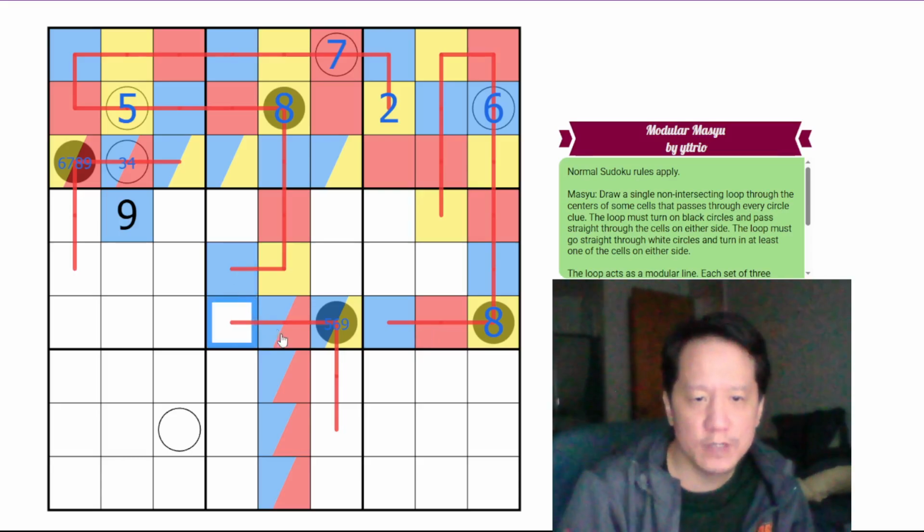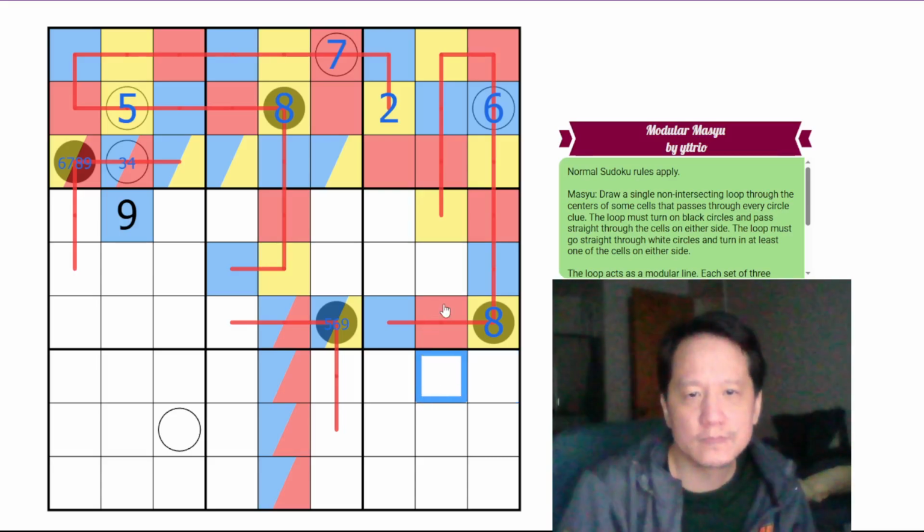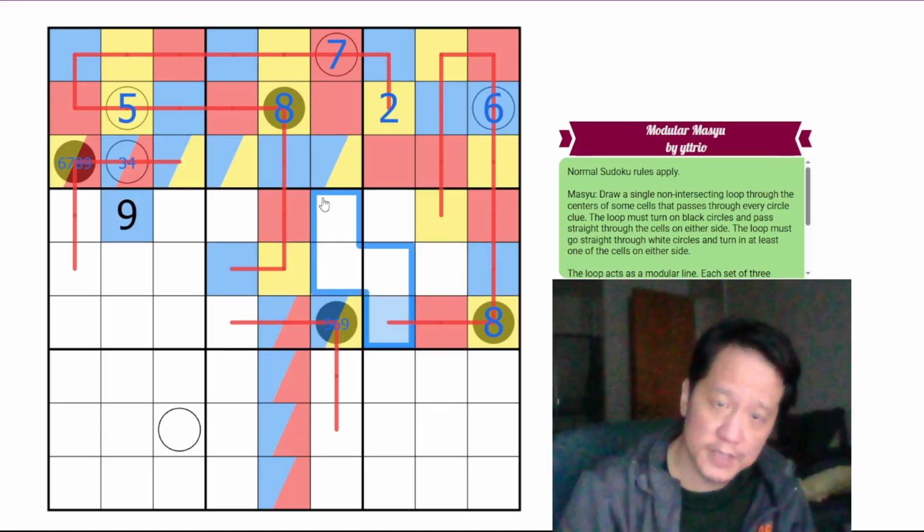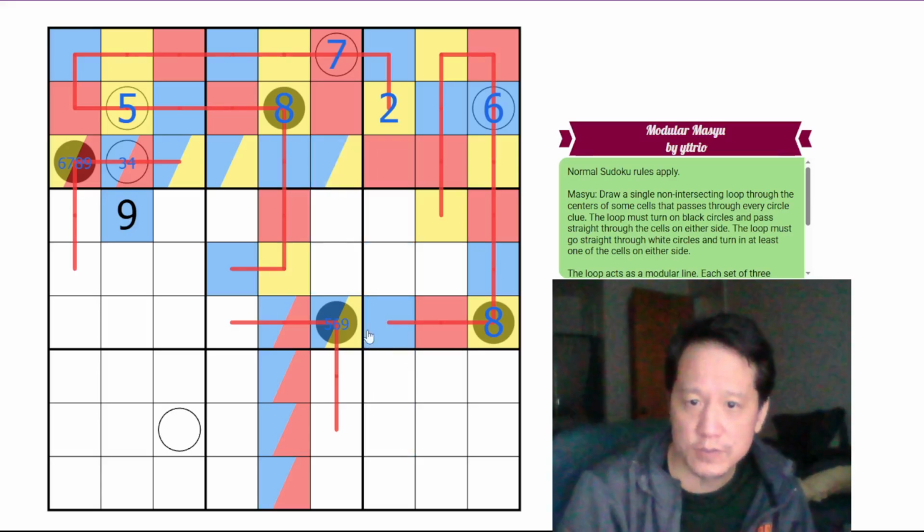Cannot go this way, obviously. It just doesn't, yeah. This cannot turn this way. It doesn't have anything to connect to, so it must turn this way.